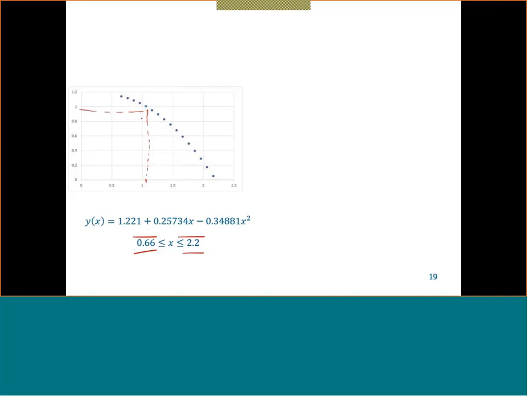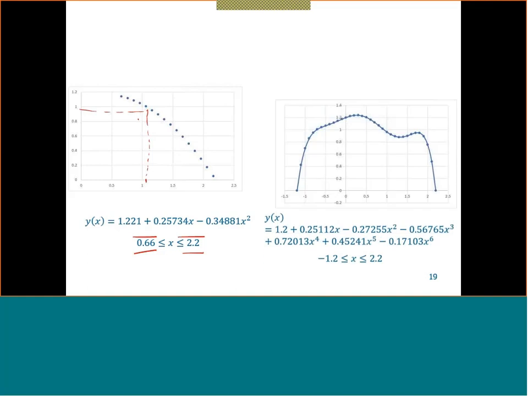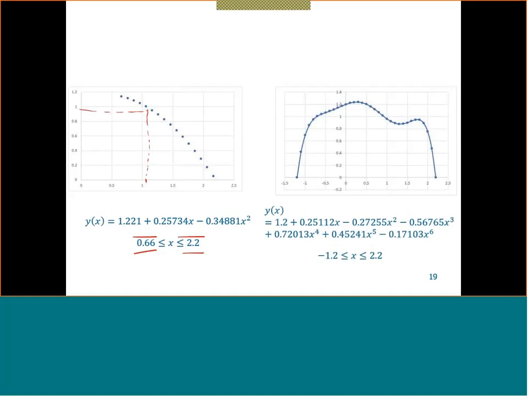Now let's see what will happen if I go for a sixth order polynomial. And this is the sixth order polynomial I told you about. This is for 6, defined for the whole range from minus 1.1 to 2.2. Look at this. Of course, that's definitely not correct. It does not really represent the data.